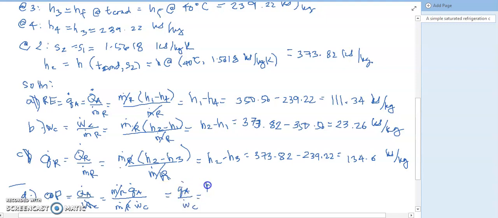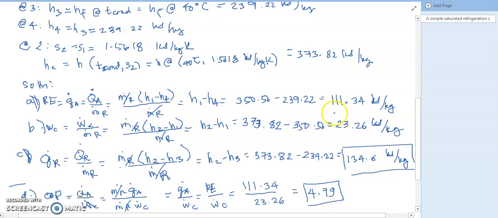Technically, QA is also yung refrigerating effect over work ng compressor. Since na-compute naman natin, gamitin na lang natin yung values computed. So, we have 111.34 over work compressor, that is 23.26. And dividing these two, we'll be having 4.79 as your COP. Remember, COP is a dimensionless unit. So, these are the final answers.